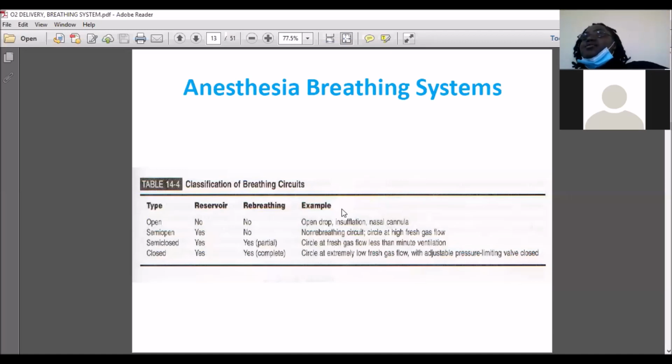What I've understood is that when you're in a closed system, you have a specific amount of air. It's like when they put a polythene bag on your face. The only difference is that in the polythene bag you suffocate because carbon dioxide accumulates. But in this closed system, there is something filtering out the carbon dioxide.